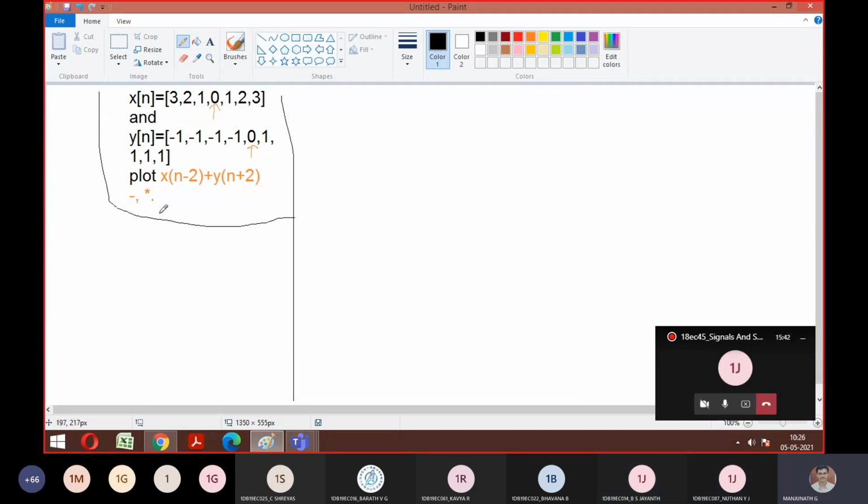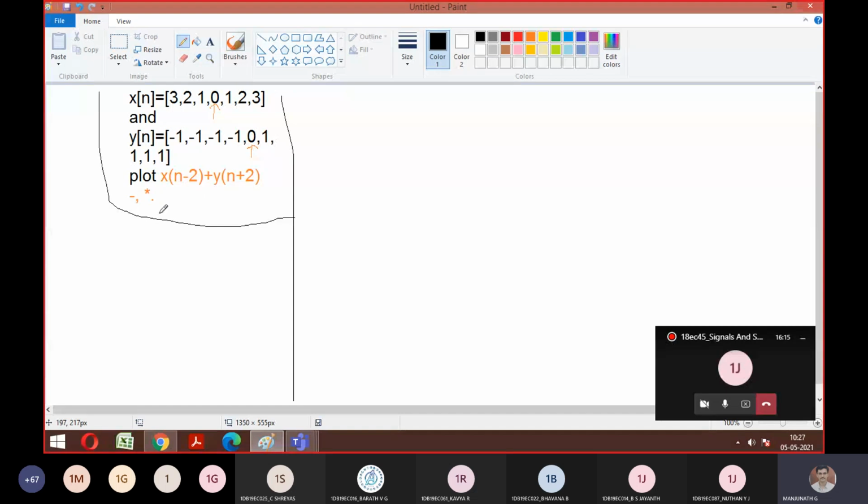Discrete, sir. Good. They have not given any signal as a sketch; they asked us to sketch it, and then from that sketch calculate what they have asked. So we have two different signals, x of n and y of n, a mixture of two signals.